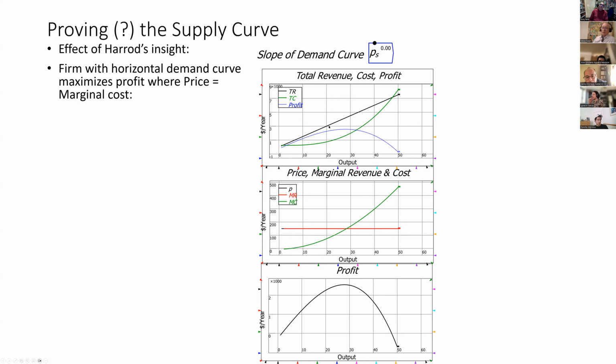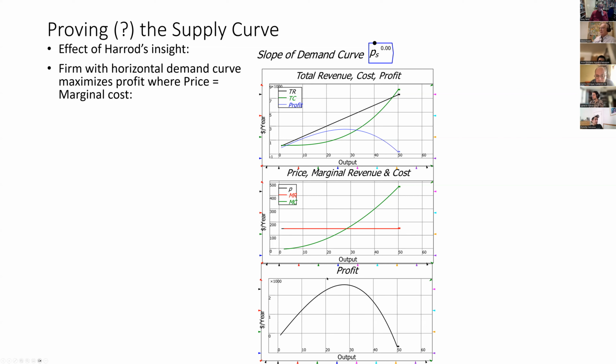The more you sell, the more you make, and there's no decline in the amount you're getting. And you have total costs, which curve down and then curve up more rapidly. Profit is the gap between the two. When you look at the level of output and cost per unit, there's price, which is the price you pay. Marginal revenue is also exactly the same line. Then you have marginal cost. Here's your point of intersection.